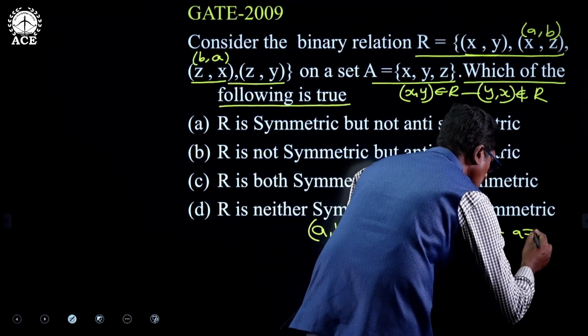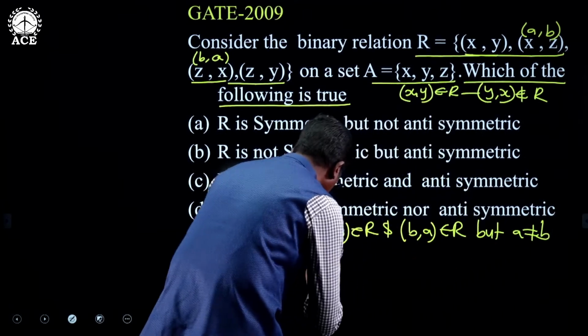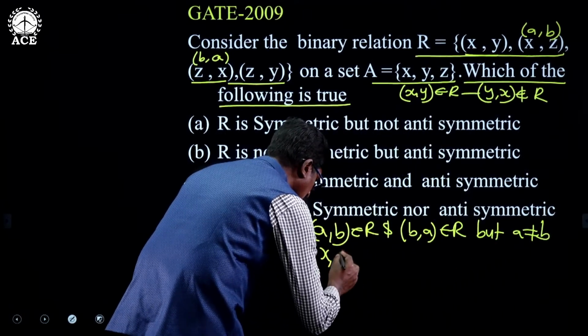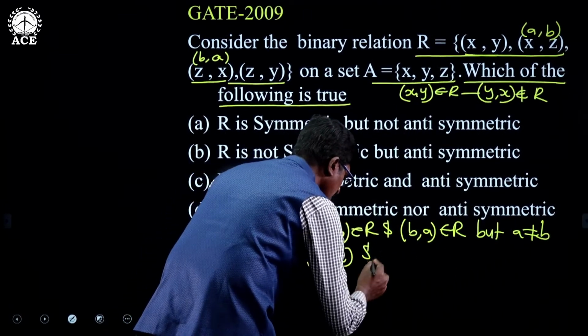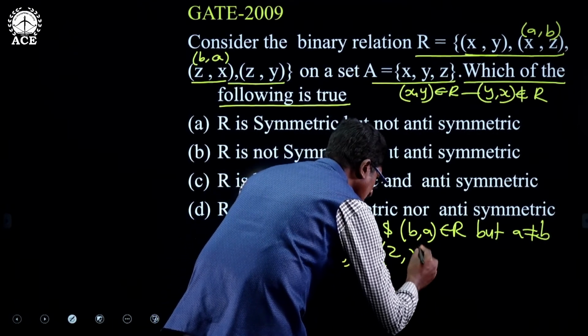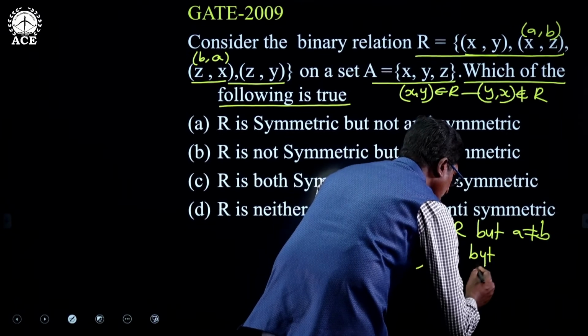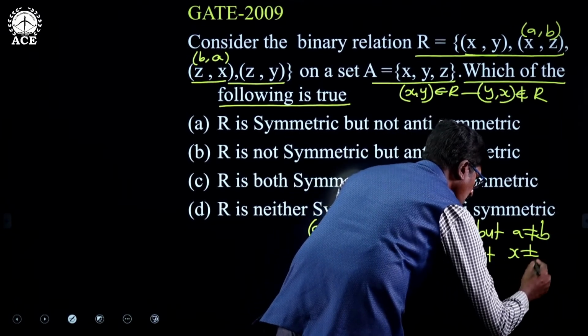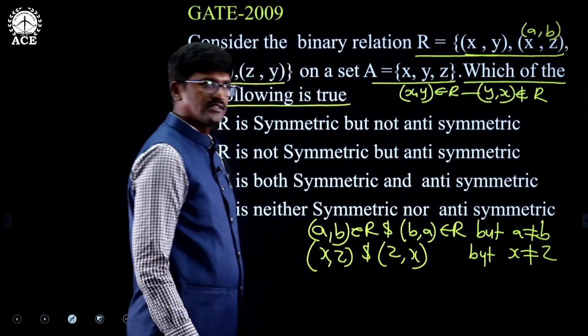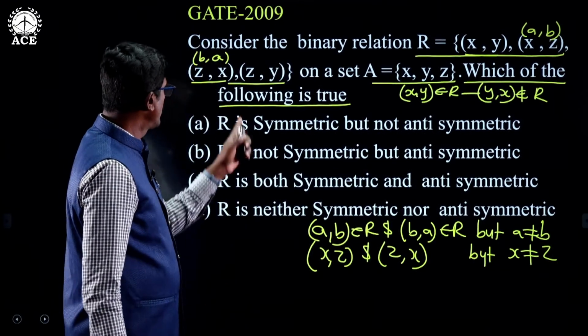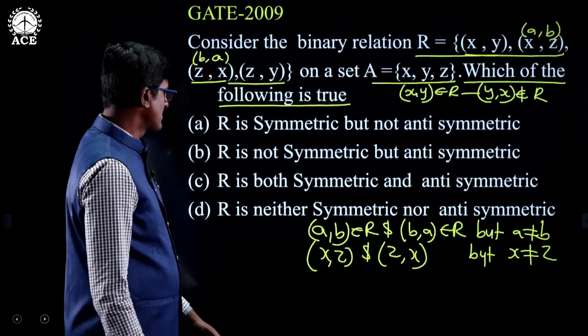Here (x,z) is there and (z,x) is there, but x and z are not equal. Therefore, this is not an antisymmetric relation.